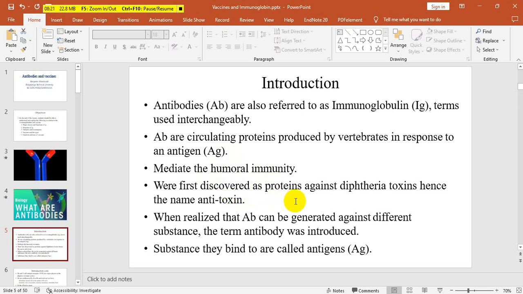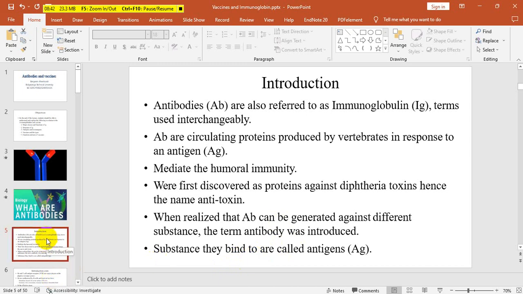They were first discovered as proteins against diphtheria toxins, hence the name antitoxin. When it was realized that antibodies can be generated against different substances, the term antibody was introduced. The substances they bind to are called antigens.